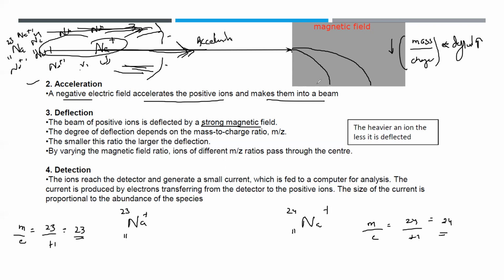So which one deflects more, a mass to charge ratio of 23 or 24? The mass to charge ratio and deflection are inversely proportional. A smaller mass to charge ratio will have greater deflection.